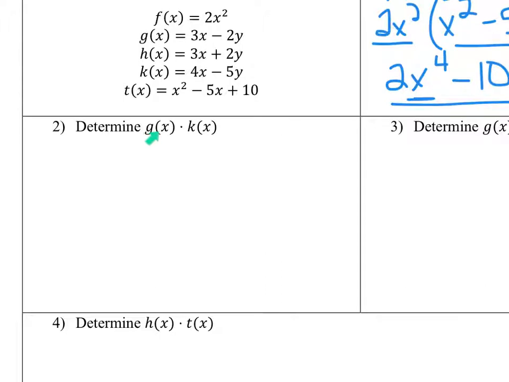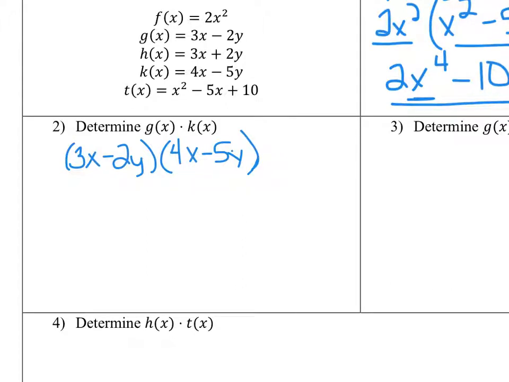So this is g of x times k of x. So this is g of x, that's k of x, and I'm going to multiply these two together. So I like to just rewrite it with the polynomial here, g of x, k of x, and we're going to multiply these together. There are multiple ways to do this.